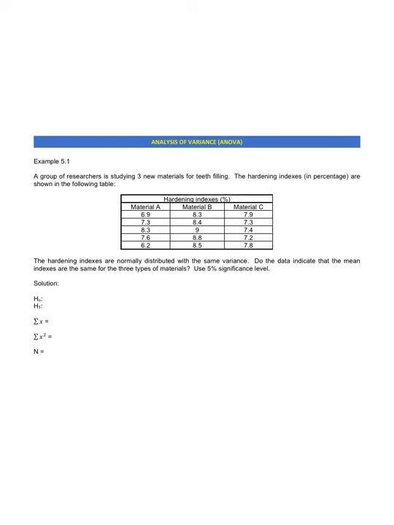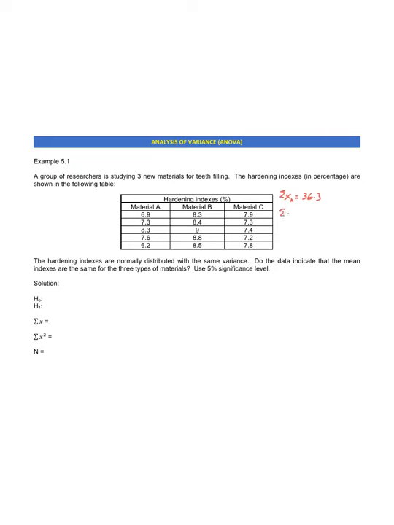Use 5% significance level. So now what we have to do is find the value of summation of x and summation of x square for material A, B, and C. Okay, by using your calculator, summation of x for A, I get 36.3.